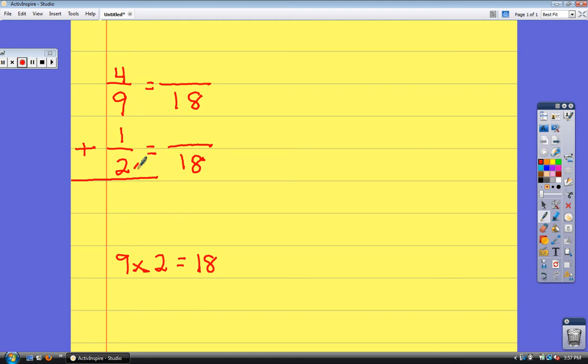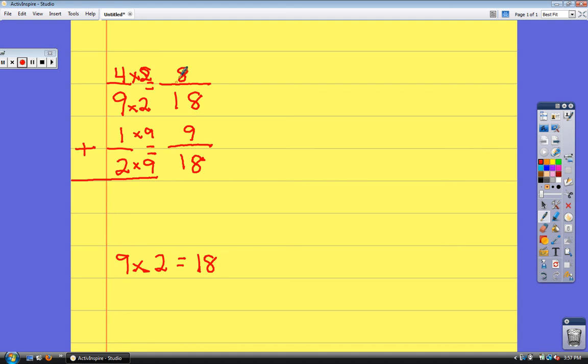So 2 times 9 is 18, so we have to do 1 times 9, which is 9. Then here we multiply this numerator and denominator by the denominator of the other fraction. 9 times 2 is 18. 4 times 2 is 8.